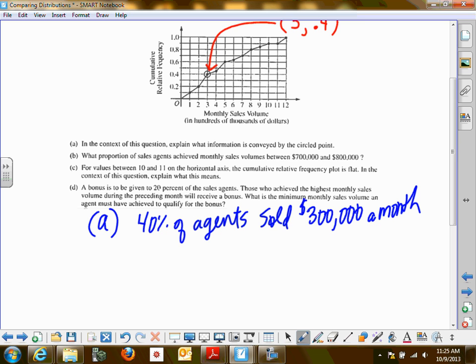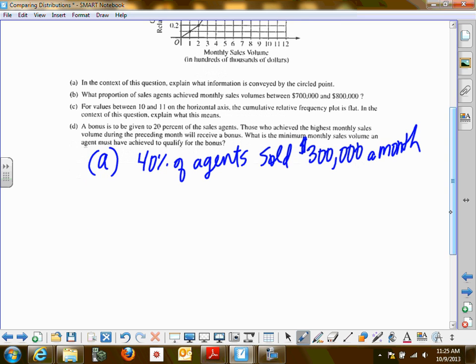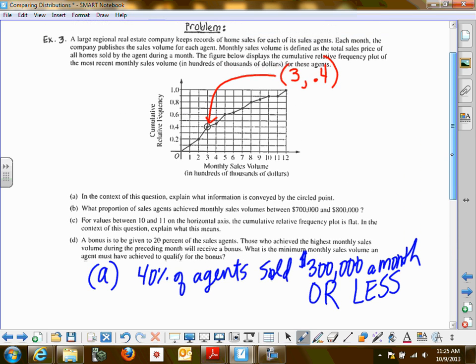And here's the thing you would get wrong if you did not have it. If you did not have these next two words, you are missing the whole entire concept of this graph. Or less. Okay? If you do not have or less, then you do not understand what this graph is representing.